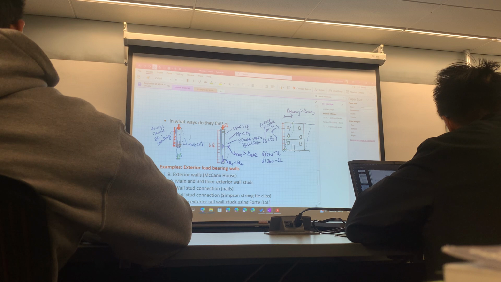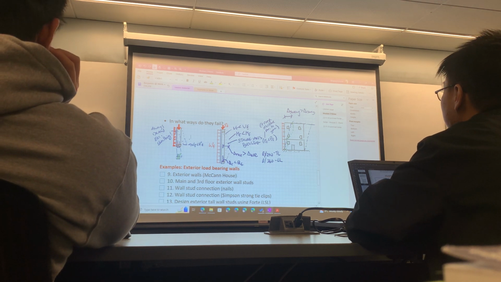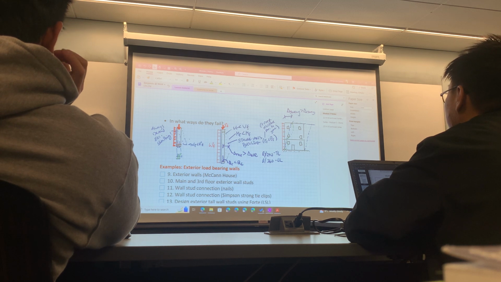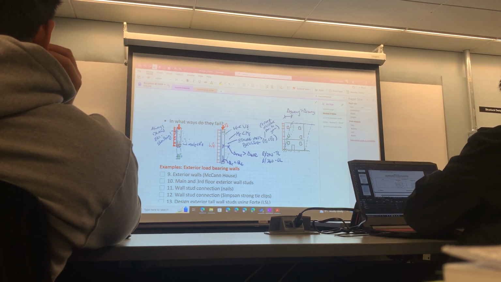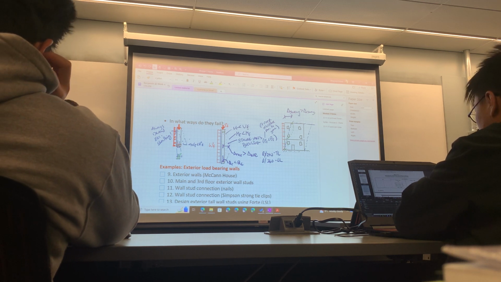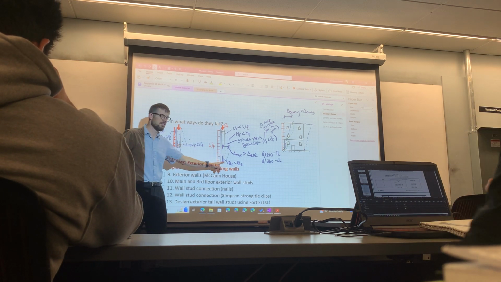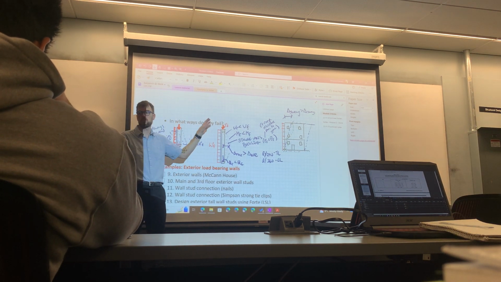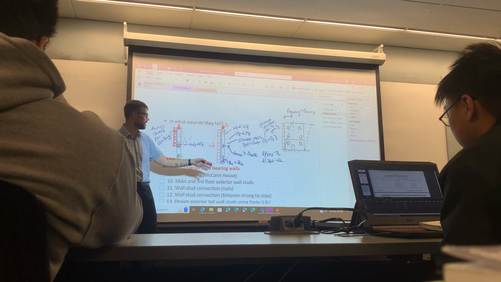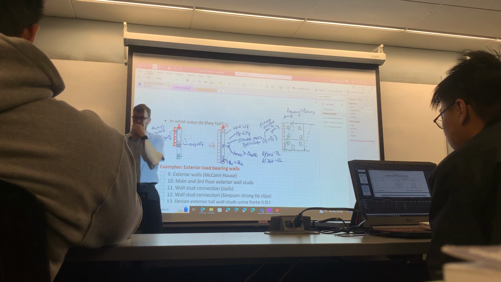And so when you get into a tall wall situation, part 9 considers a tall wall. Anybody remember what it is? 3.6 meters. So anything above 3.6 meters, I think it's like 11'8", that's considered a tall wall. Engineer has to design it. So this length is just getting longer, which is going to have a larger moment, which is going to have larger shear, and that's why engineers have to step in and make sure that all of these considerations are being accounted for.